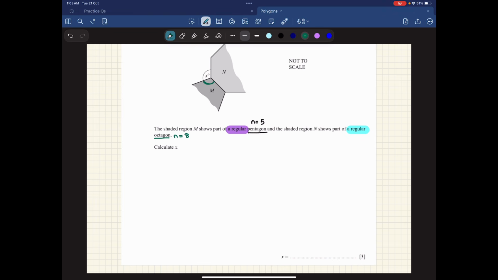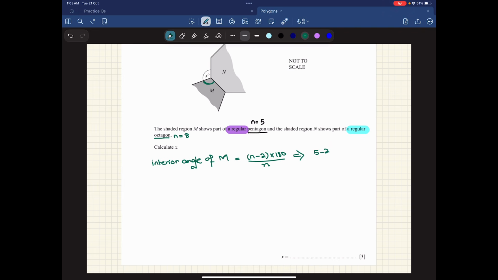Let's first do that, okay? So the interior angle of M is going to be (n minus 2) into 180 divided by n, because it is a regular polygon. So what do we have when we substitute values?